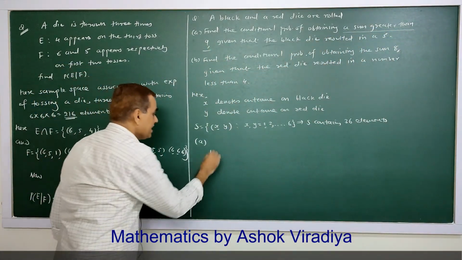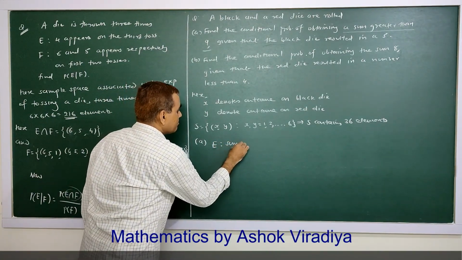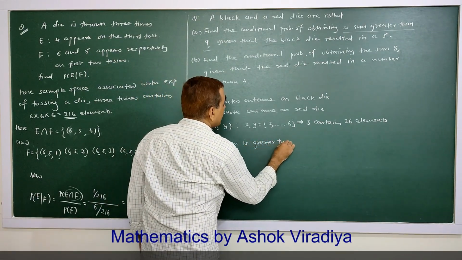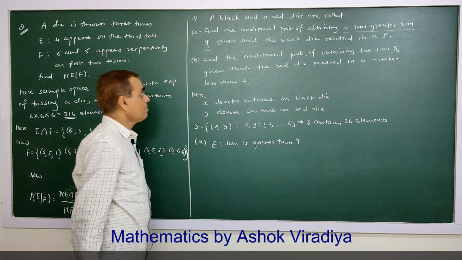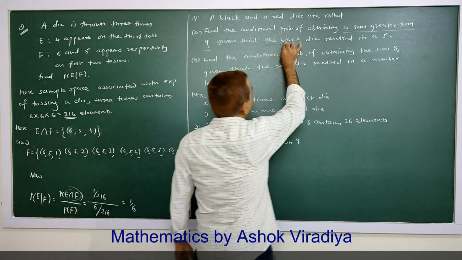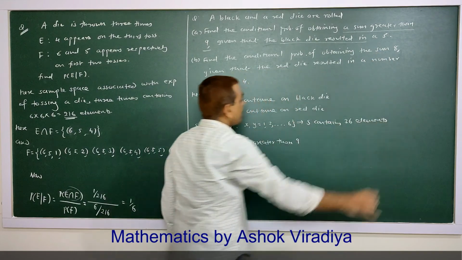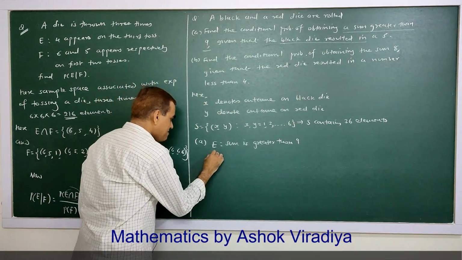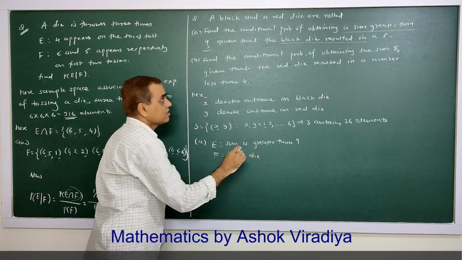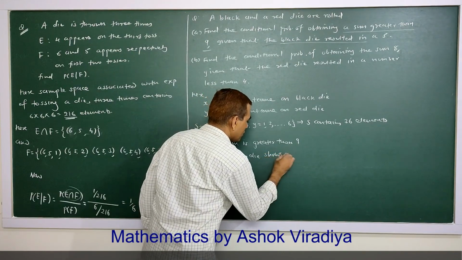Let me suppose E is the event that the sum is greater than 9, and F is the event that the black die shows 5.